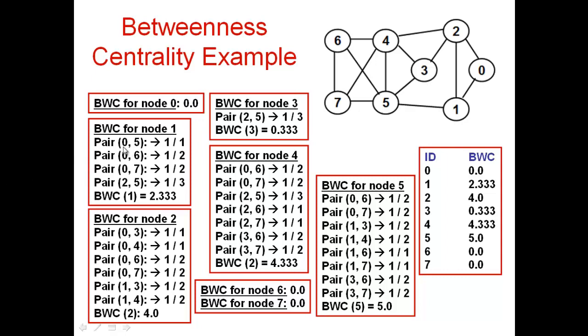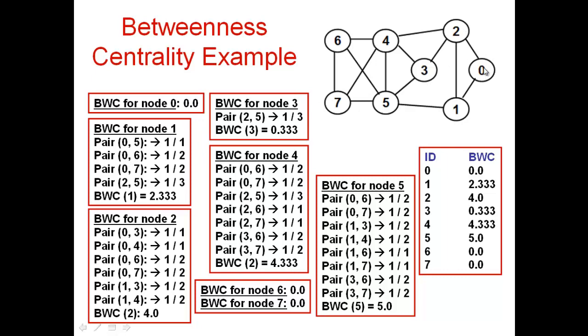But let us consider this node pair 0, 5. Between 0 and 5, there's only one shortest path, which is 0, 1, 5, and that shortest path goes through node 1. Now let us pick up node pair 0, 6.